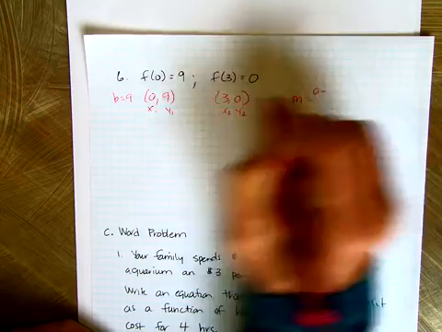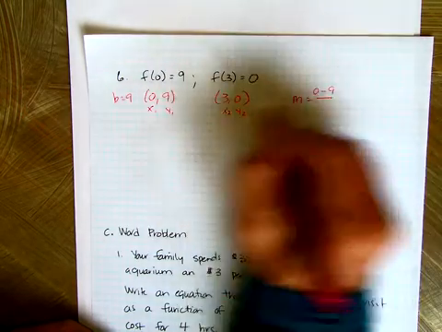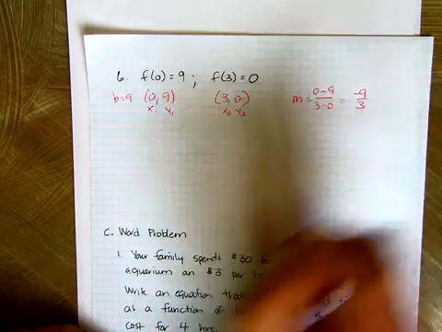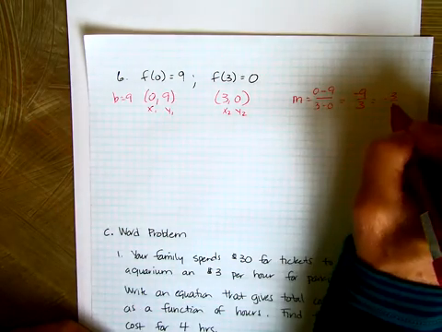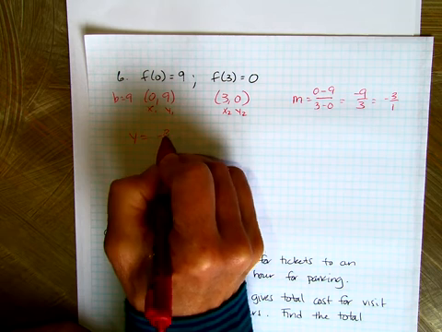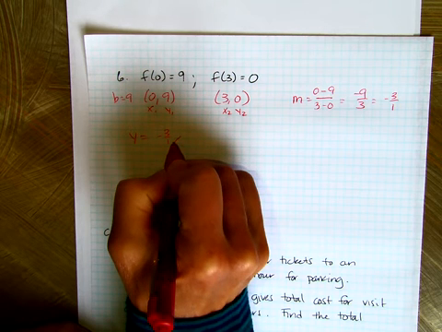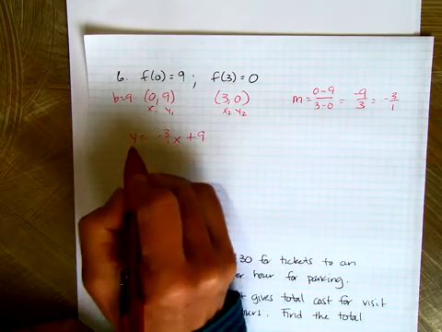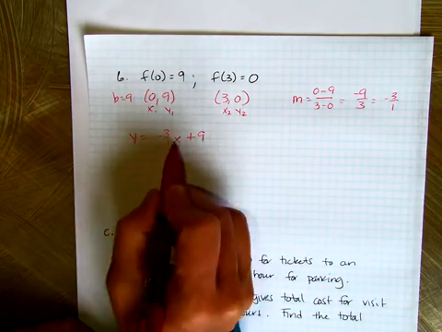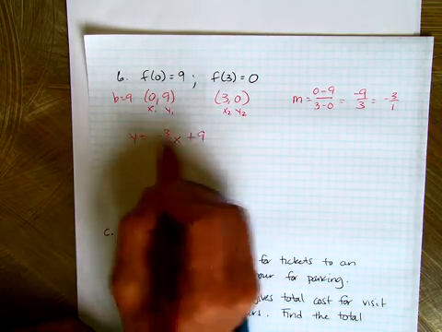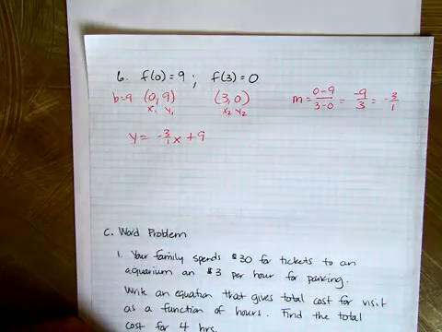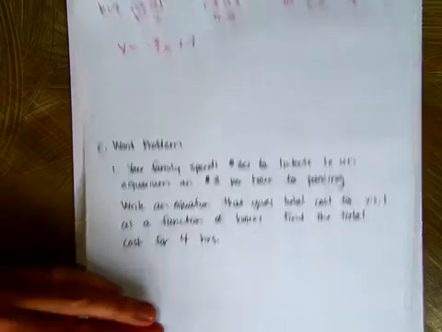Slope is y2 minus y1 over x2 minus x1, which is negative 9 over 3, which is negative 3 over 1. Don't forget the x. Lots of times people forget the x. They'll put in the negative 3 over 1, and then they'll put the plus 9. But the whole idea behind a line is it's an infinite number of coordinates, x, y values, all related by this slope and that vertical intercept.